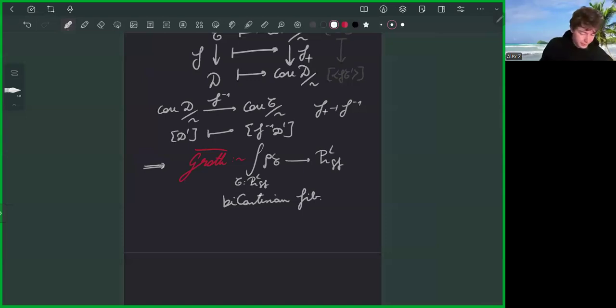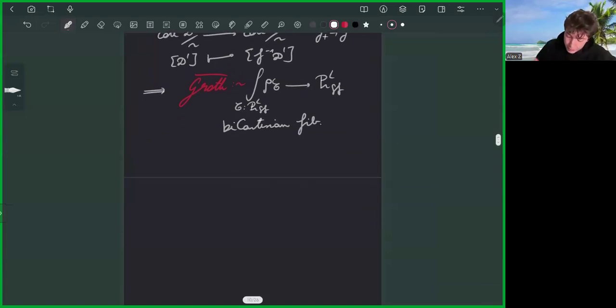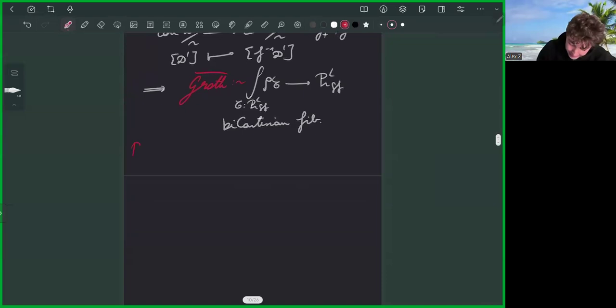Okay, so now the cool thing that happens: we said that we wanted to also allow functors that shift the connective part of the T structure. But this is what we established now.